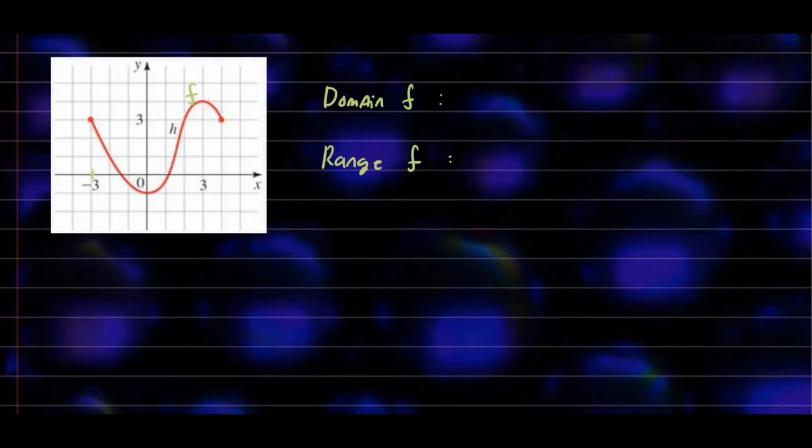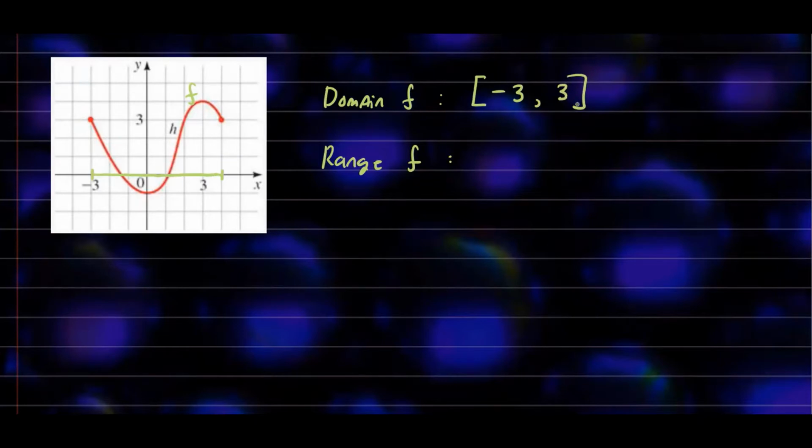The graph exists here, so we can say that's -3. The graph exists all the way up to this point, and then it stops existing. Because these endpoints are closed, the domain is -3 all the way to 3, closed, because both endpoints happen to be closed.